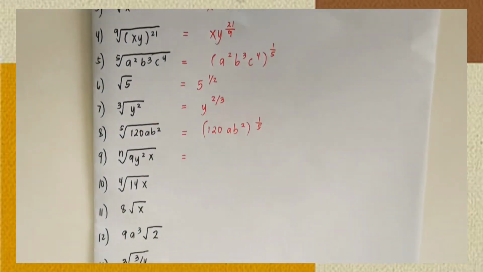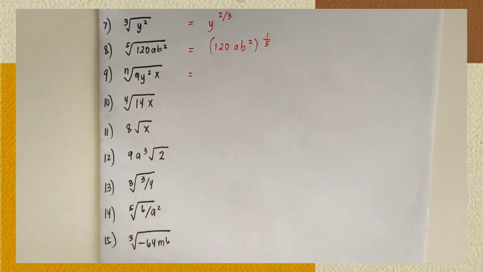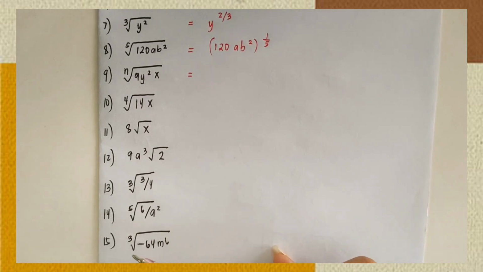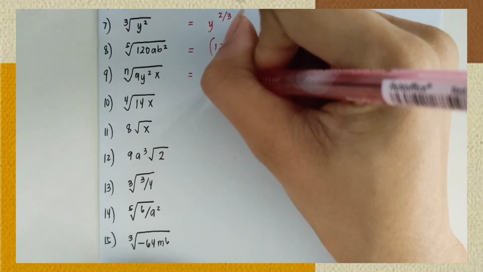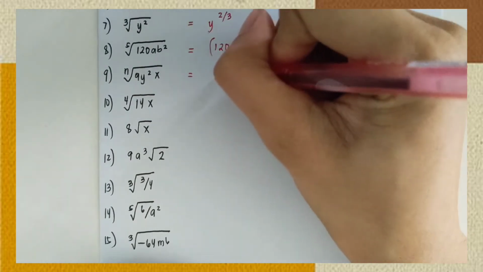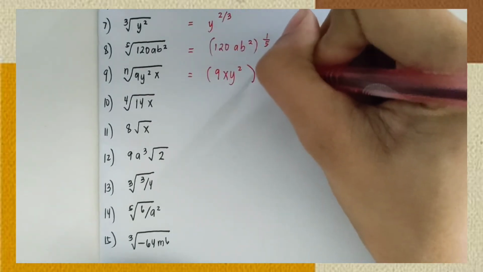Next, number 9. We have the nth root of 9xy squared. And that is equivalent to 9xy squared raised to 1 over n.